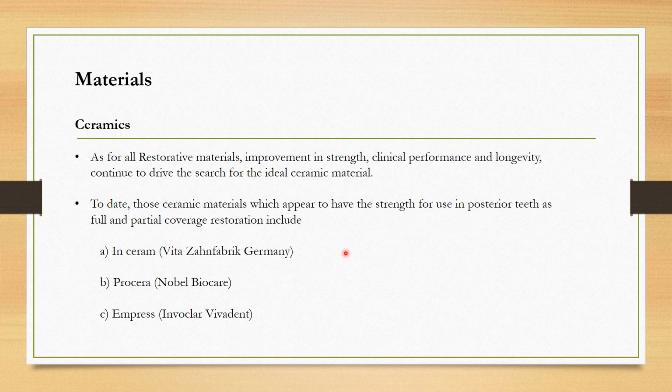To date, those ceramic materials which appear to have the strength for use in posterior teeth as full and partial coverage restorations include the Cerec, the Procera, and Empress. So these are famous companies which produce extremely strong and highly aesthetic ceramics.